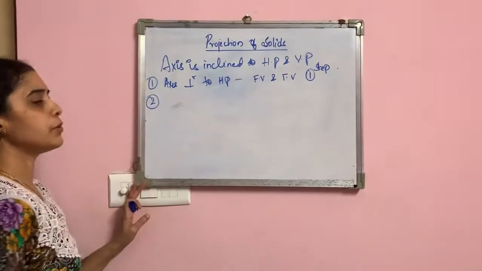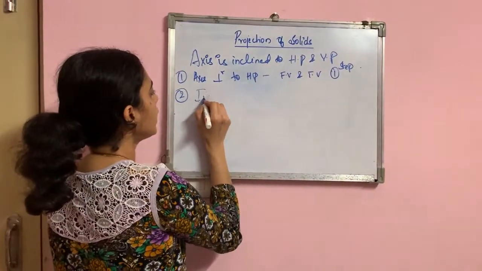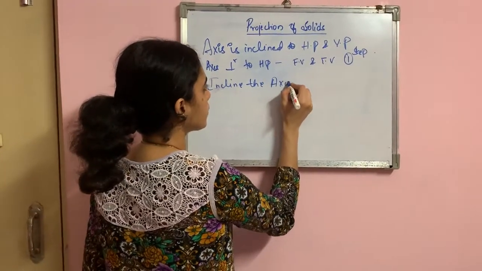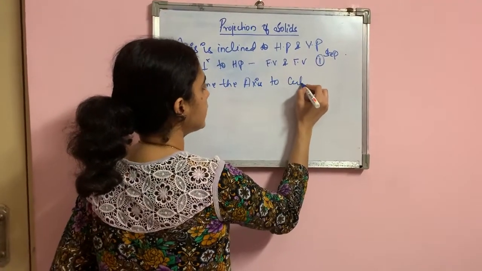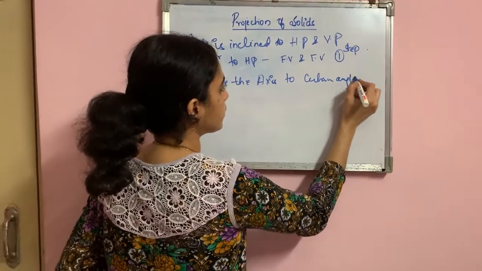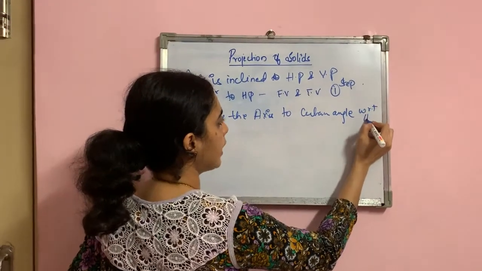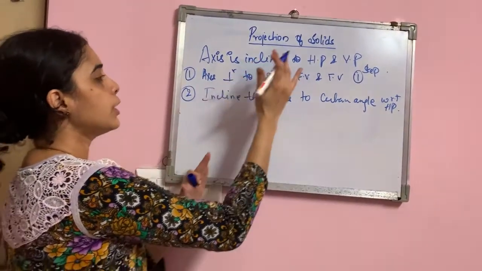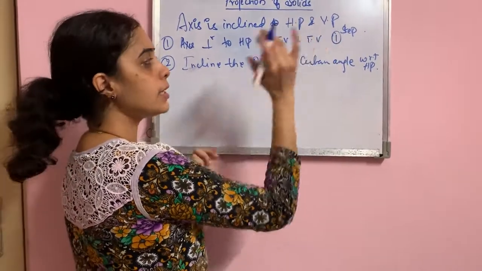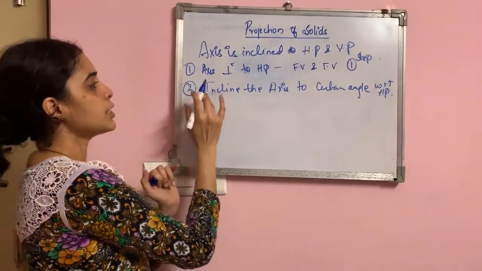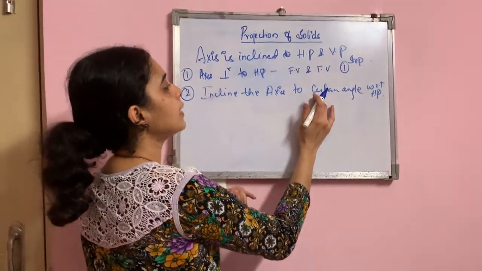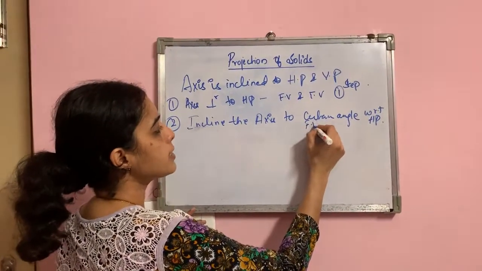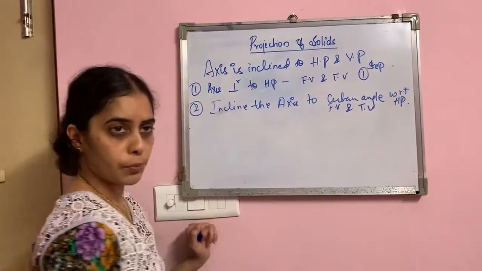In the second step, you will incline the axis to a certain angle with respect to HP. So first you will assume the axis is perpendicular and draw the front and the top view. And in the second stage you will assume the axis to be inclined to a particular angle to HP. Then again you will trace out the front view and the top view.